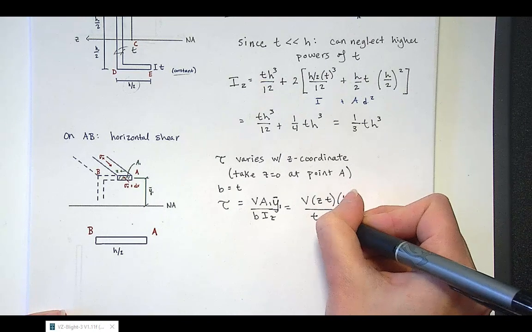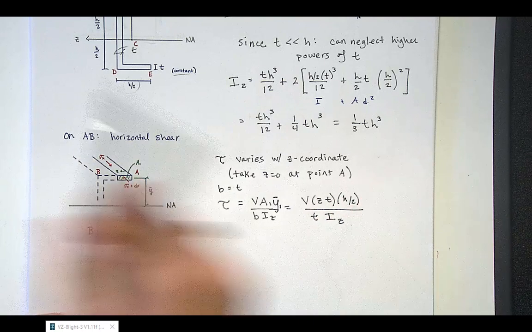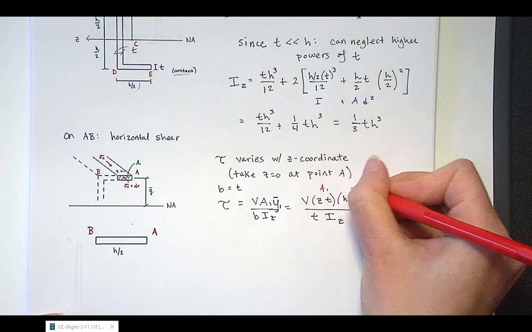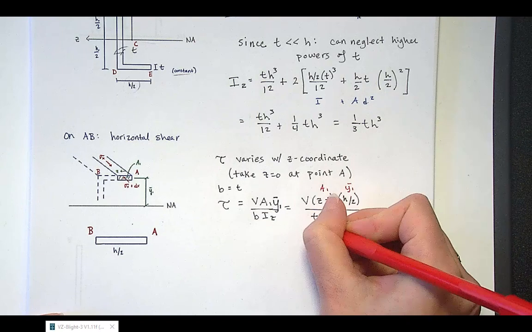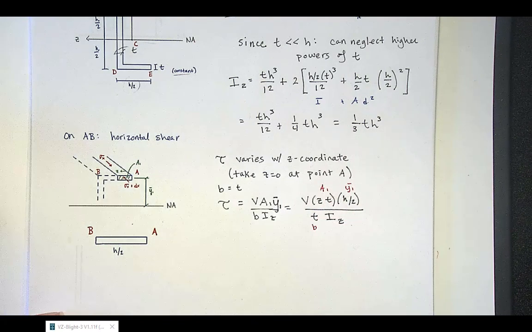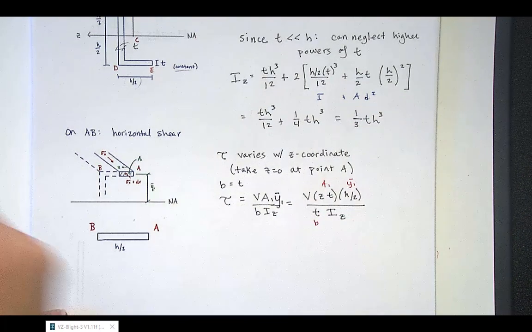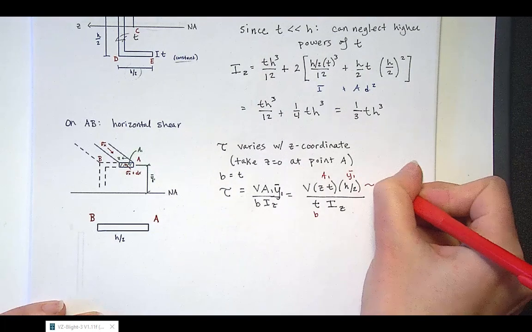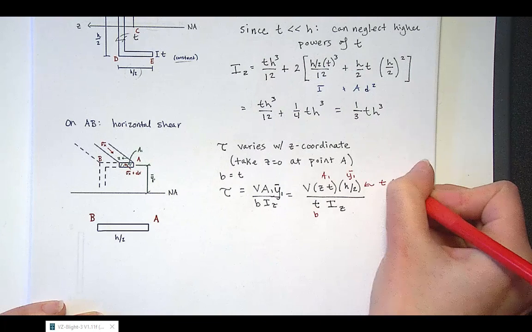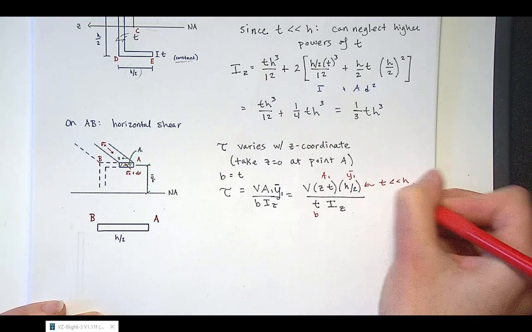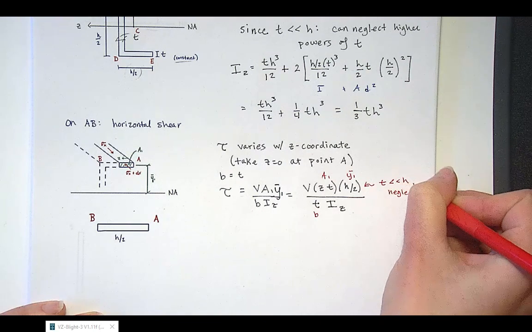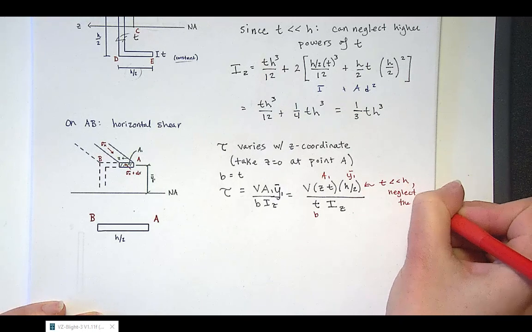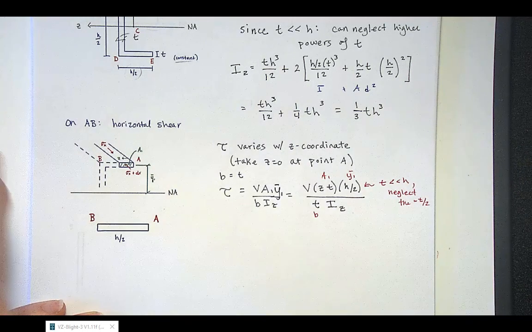Divided by T and IZ. So this is our A1, Y1 bar, and that's our B. And we'll note that T is much smaller than H. Neglect the minus T over 2 part.